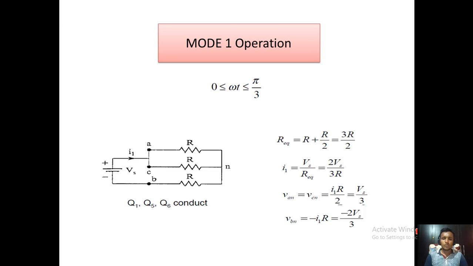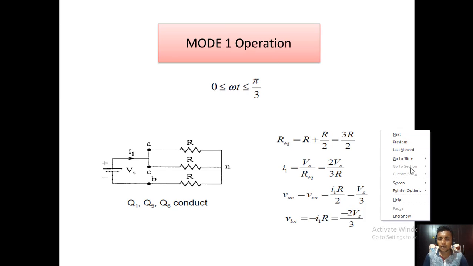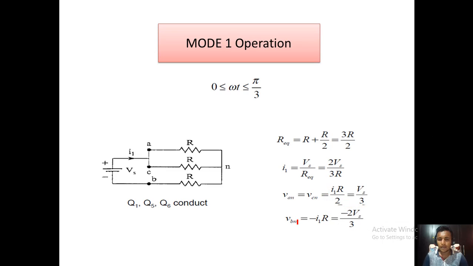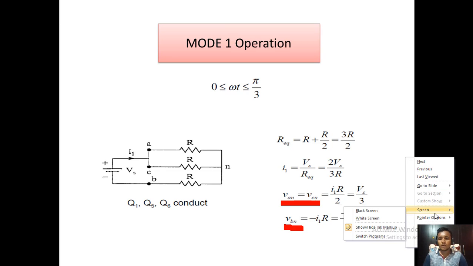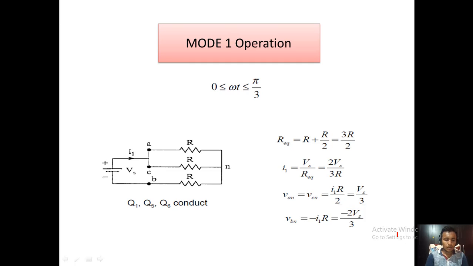So we have found in mode 1 the phase voltages AN, BN and CN. AN and CN are similar, and then VBN. Now similarly we will see mode 2.